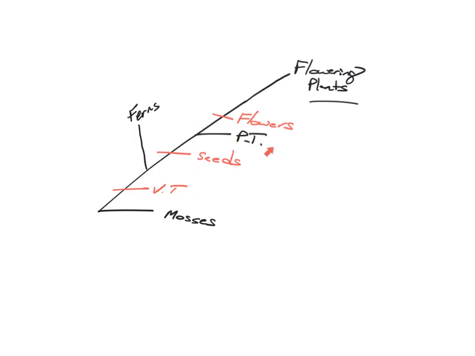Probably you'd see pine trees first, and then sometime later, you'd see flowering plants. So actually, flowering plants are new to planet Earth, relatively speaking. Ferns have been around a long time. Whenever you see dinosaur movies, you always see ferns hanging around. They've been around for a long time. Moss is obviously even longer. All right, so that makes sense, yes?